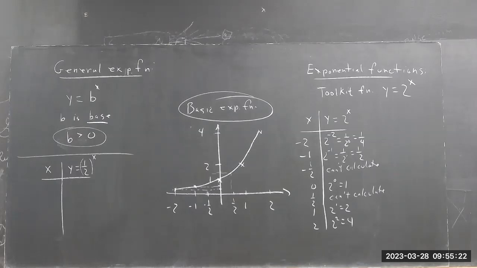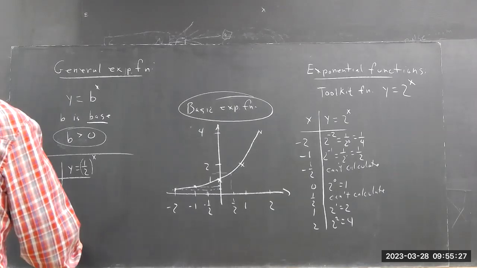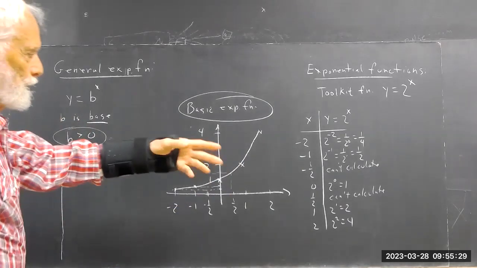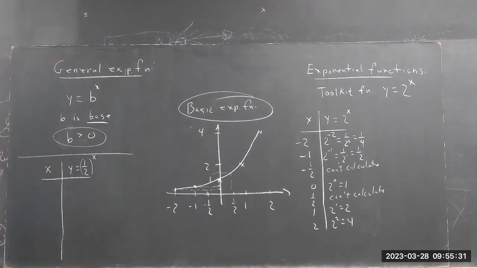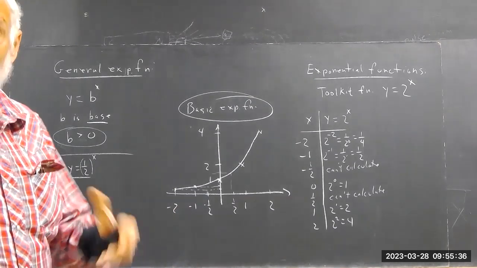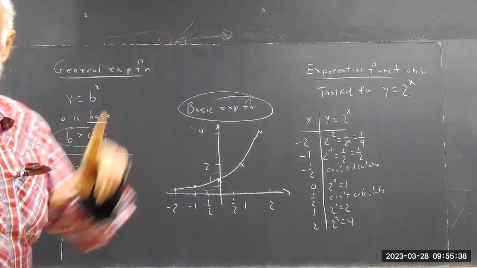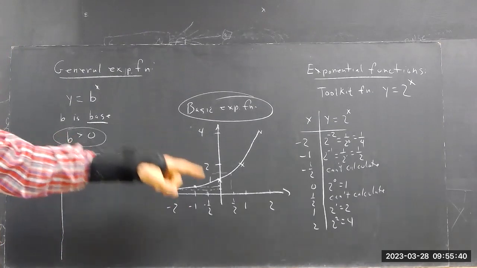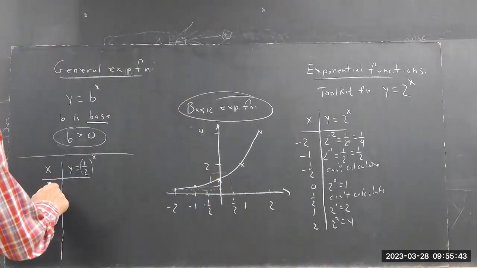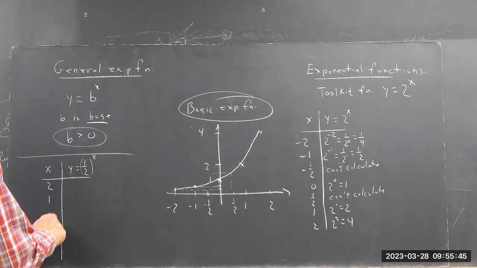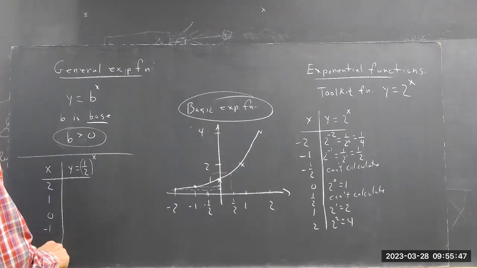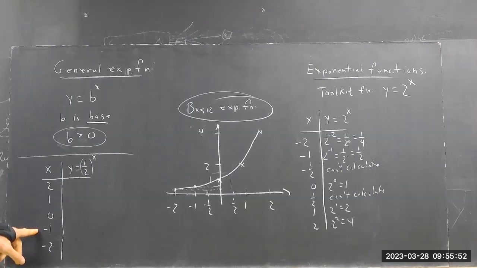Now, not to lay the hard things on you right now, because you had trouble with the table, which most of you did. You're probably going to have trouble with what happens when x is a negative value, because you get a complex fraction. So I'm going to start with positive values. Instead of going -2, -1, 1/2, and all that, I'm going to go 2, 1, 0, -1, -2. So you don't get a negative exponent until you get down here. Okay. So make this table.